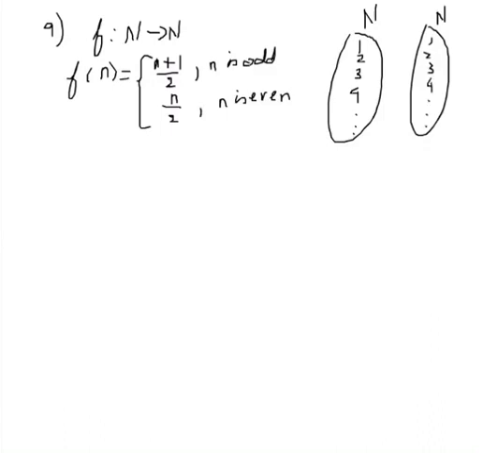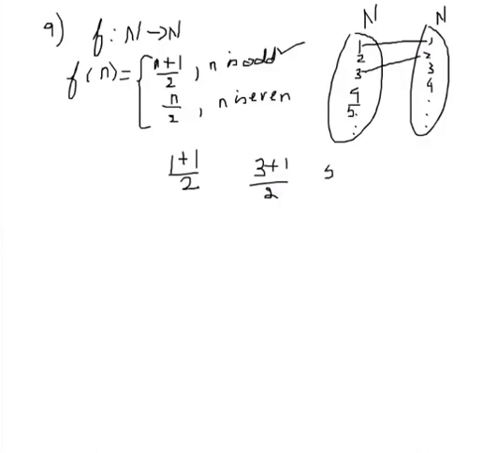One is an odd number, so I have to use this definition. 1 plus 1 by 2, 2 by 2 is 1. 1's image is 1. Then 3 is an odd number, so I have to use the (n plus 1) by 2 definition. 4 by 2 is 2.